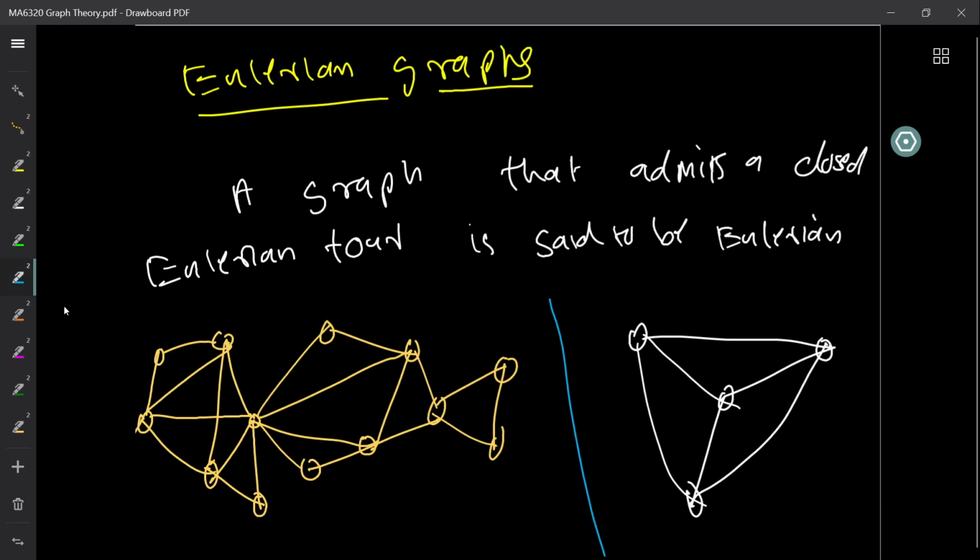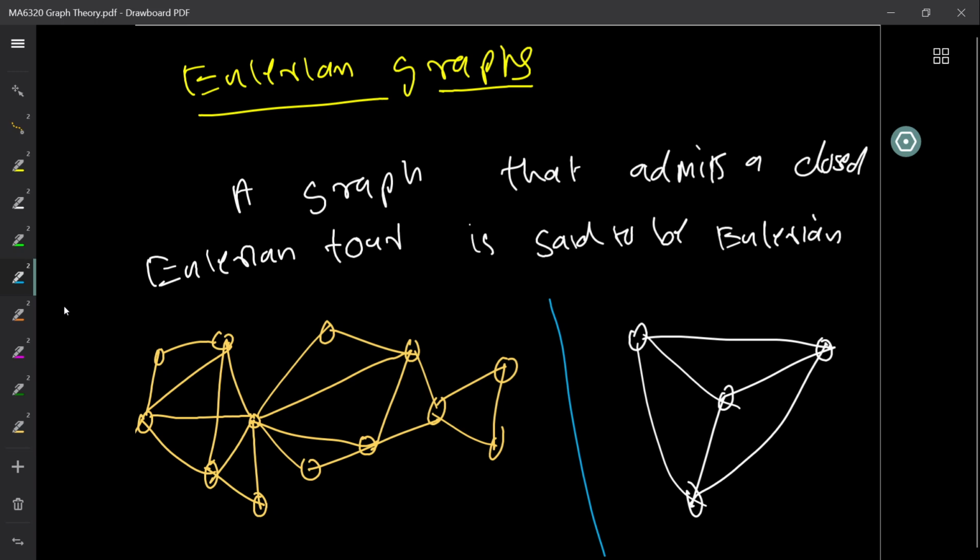Okay, now we look at Eulerian graphs. We have defined earlier that a graph which admits a closed Eulerian tour is said to be Eulerian. Here I give two graphs below, and I ask, is one of them Eulerian, or are both of them Eulerian? If you try a little bit, you will be able to show that the graph on the left side is actually Eulerian, and the graph on the right side is not Eulerian.